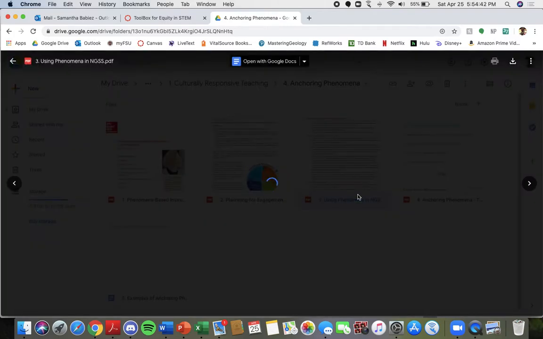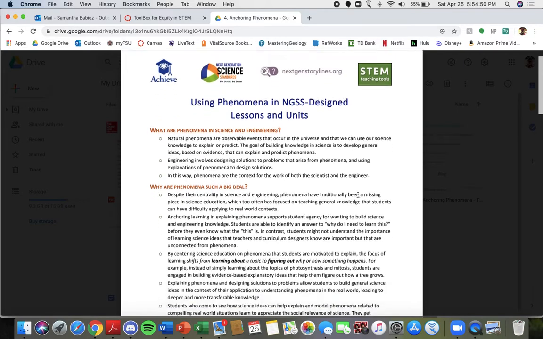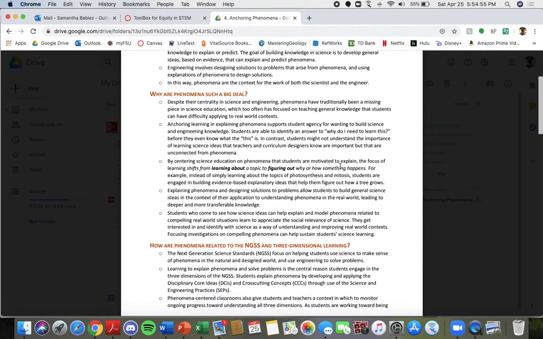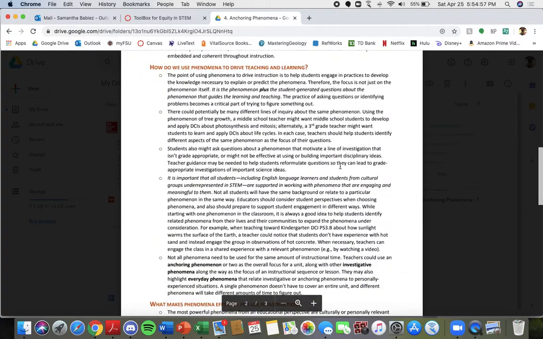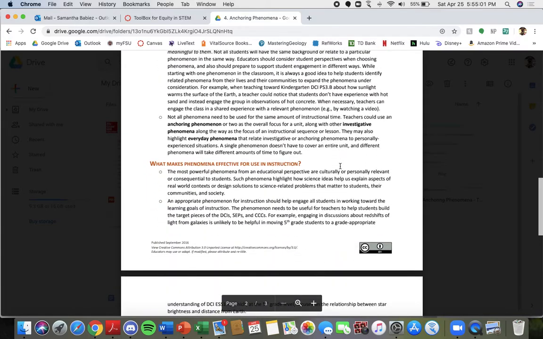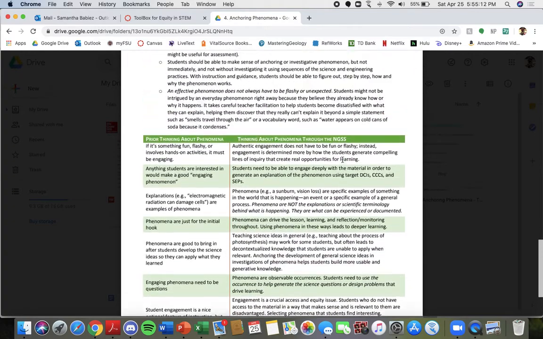Then the third one I have in here is related to NGSS designed lessons and units, which I of course could have put in the NGSS folder, but I wanted to keep it in here because it's talking about anchoring phenomena in a super nice, short, compact way. I wanted it in here with the anchoring phenomena stuff and not the NGSS stuff because we can be doing anchoring phenomena without doing NGSS, but you're ideally doing it all at the same time, so it didn't really matter where it ended up.